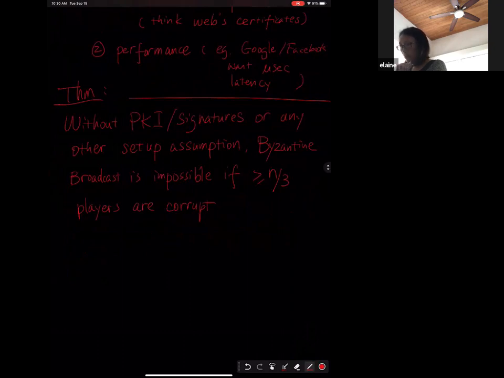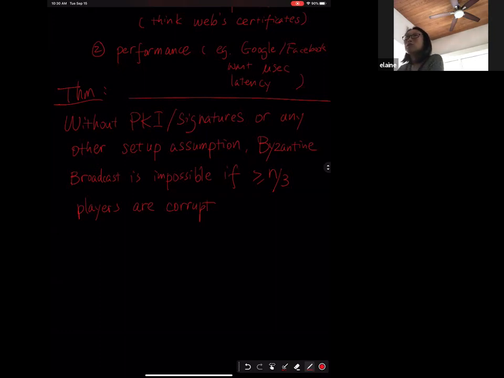Okay, so it's interesting to contrast this with the Dolev-Strong protocol we learned, right? Remember, in the Dolev-Strong protocol, you can tolerate arbitrarily many corruptions. But now we are saying if you remove the ability to sign, something like that should not be possible.